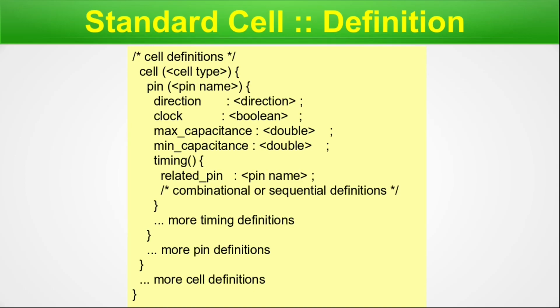This is a must. One more thing not shown here is the functionality. This is a section that contains the truth table representation for combinational cells and the present state versus next state table for the sequential cell. This is well understood by any human eyes. We're done with this particular slide, so let's move on.